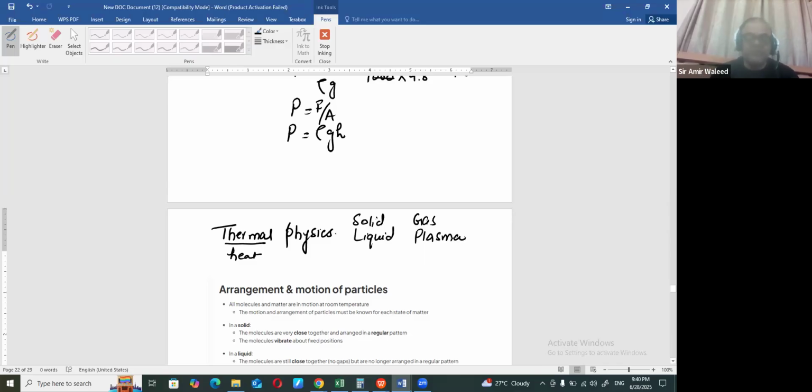So solid, liquid, gas, there are three types of materials, and we are discussing these first. So in thermal physics, the first topic is to discuss solid, liquid, and gas. What are these and how do they look? Then we will definitely discuss what heat and temperature are as well. But first, let's quickly discuss that.